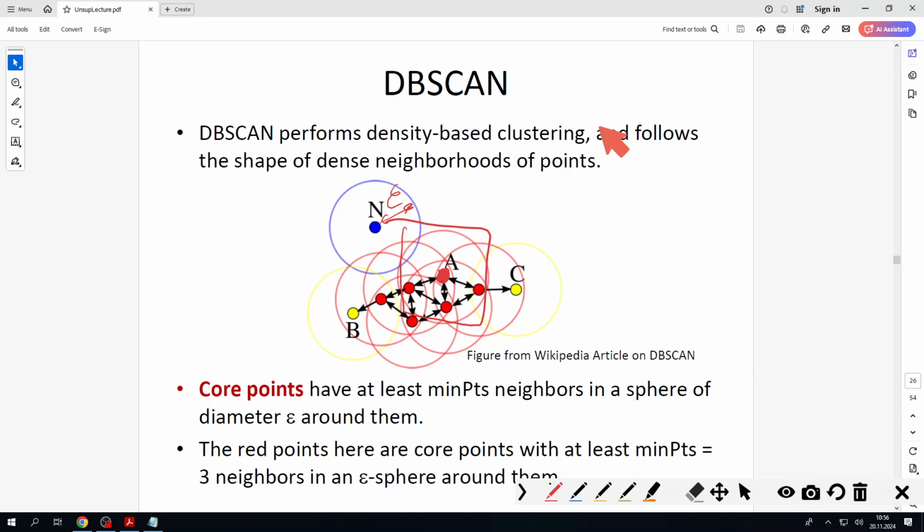Now, in order to say if all of these 4 points, together with the one you have selected and 3 neighbors, belong to the same cluster or not, you need to specify a minimum number of points for this sphere to be considered as the same cluster. So let's say it is, in this particular example, 4.